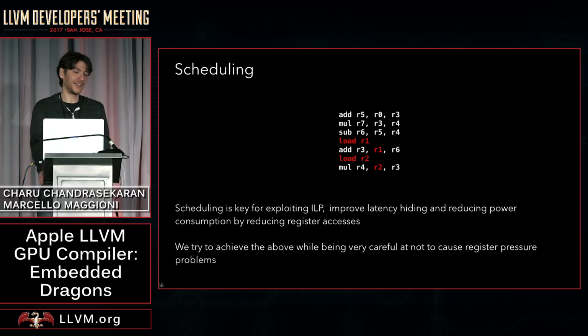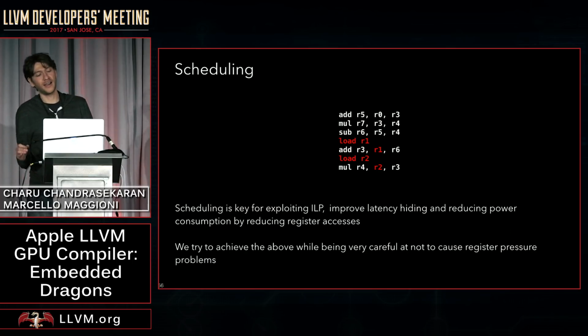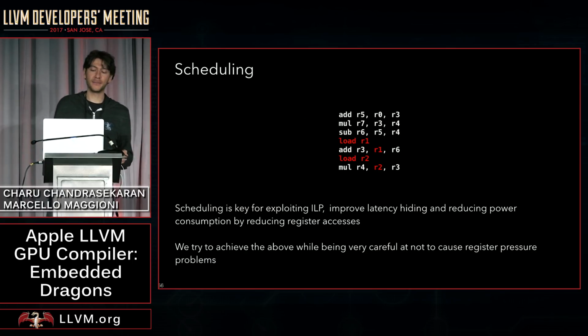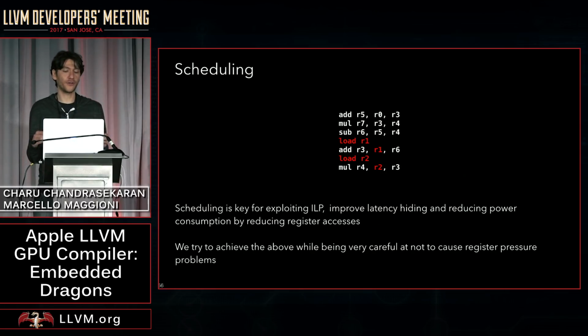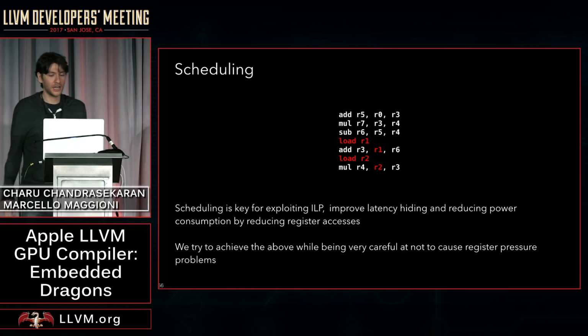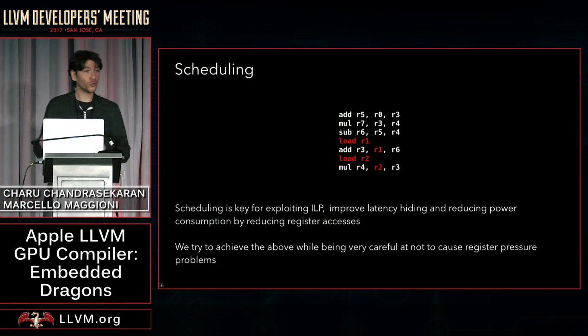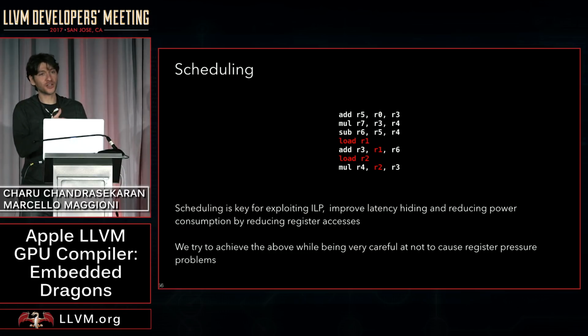And now scheduling. Scheduling is the single most important step in the pipeline for performance for us. By scheduling the code right, we can avoid nasty pipeline bubbles, improve latency hiding a lot, and forward results between instructions.